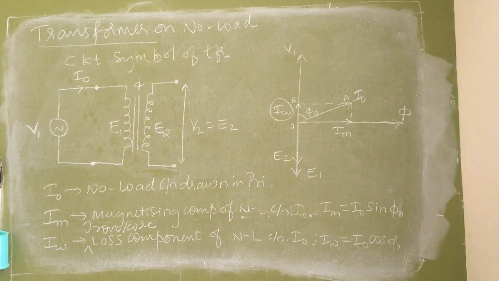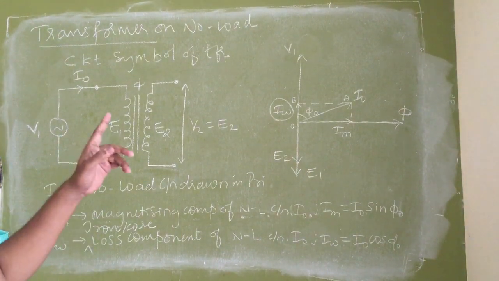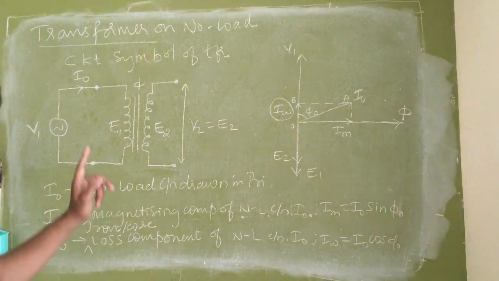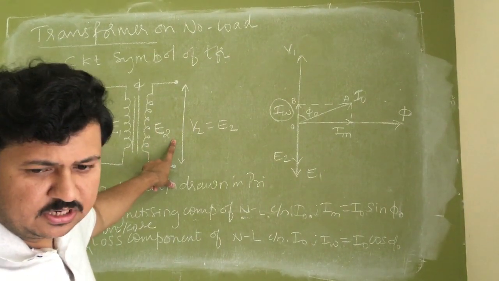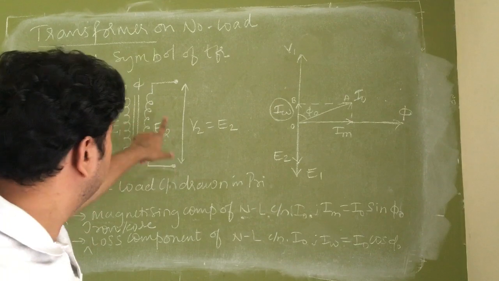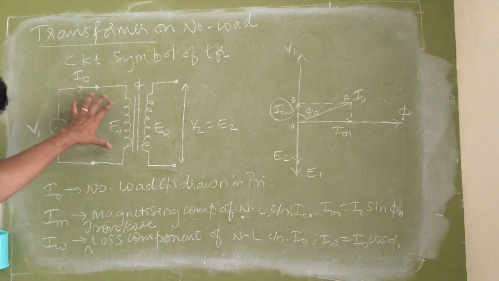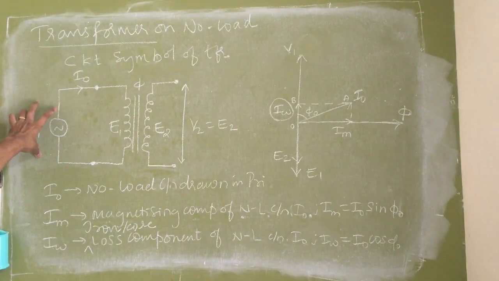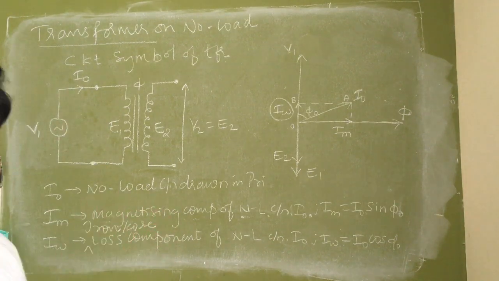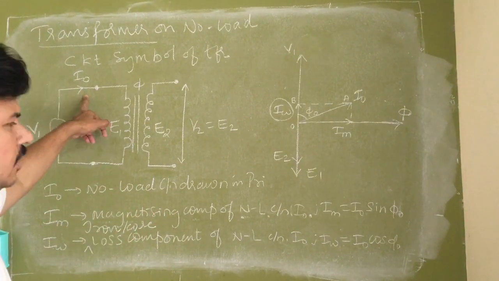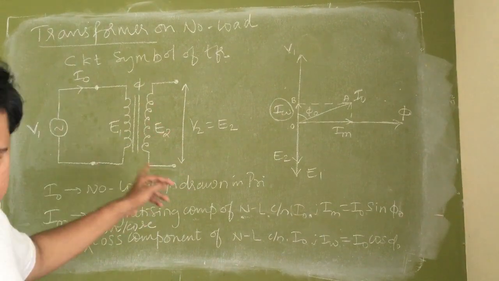Okay? So this is the transformer at no load. Please remember, even when the transformer is at no load, when the primary is connected to the supply, the primary will draw some amount of current. It is a very small amount of current when compared to the total load current.